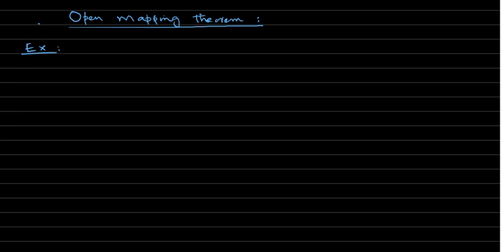Then we can define the translation mapping. So let B be a Banach space. Again, a normed linear space would be okay, but let's take a Banach space. And there is some vector, say x naught, in this Banach space.